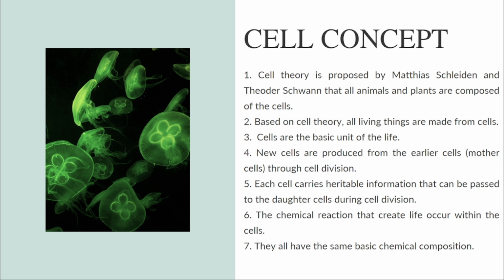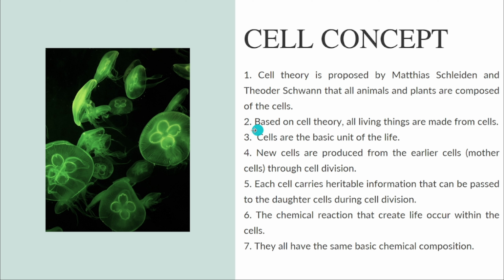This cell theory was proposed by two scientists, Matthias Schleiden and Theodor Schwann. They proposed that all organisms, all living things, are made from cells, meaning that cells are the basic unit of life.